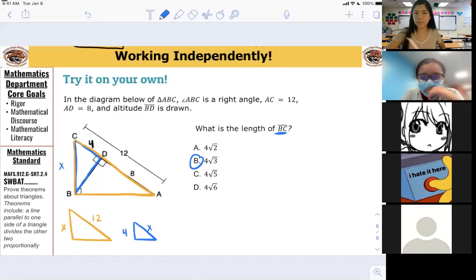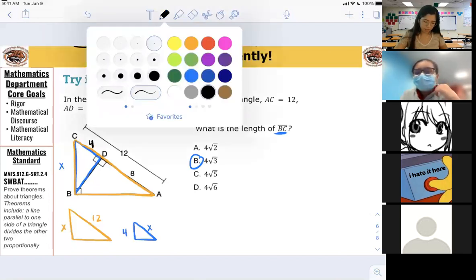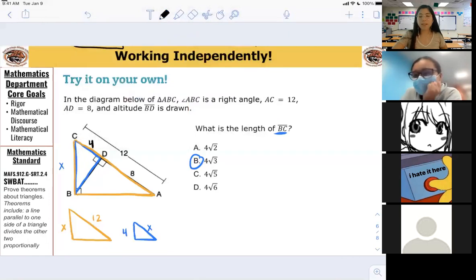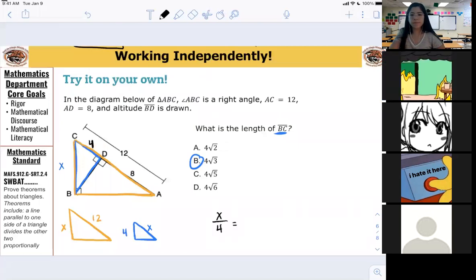Let me just finish this problem we're on so that we can finally finish because class is almost over. Can anyone set up the proportion real quick for this? X over 4 equals 12 over X, yeah.